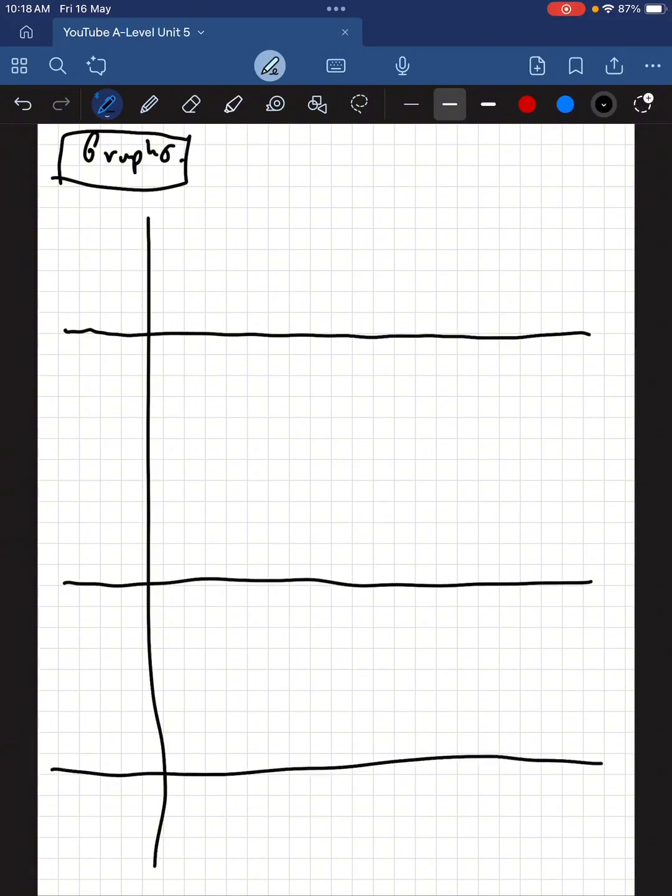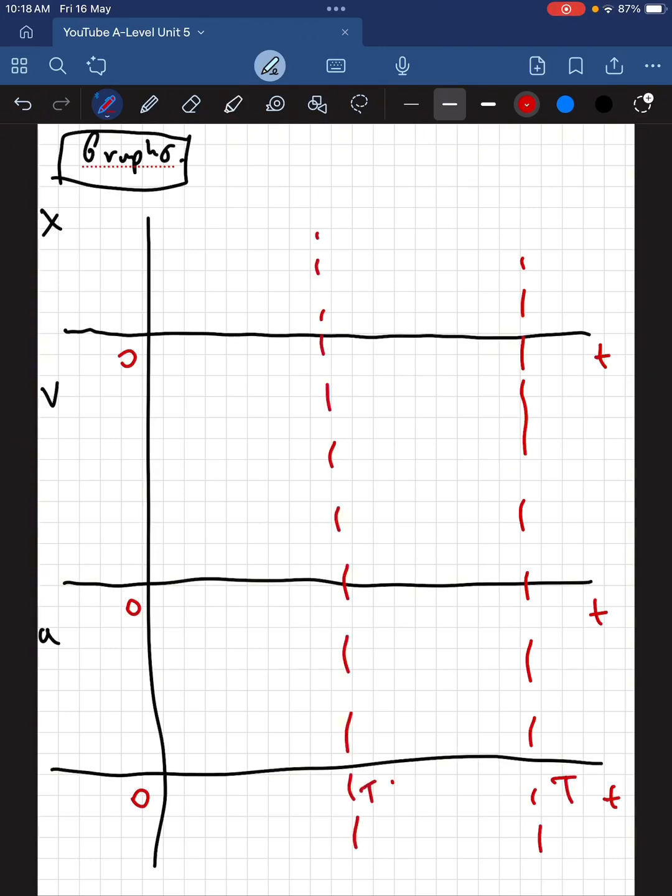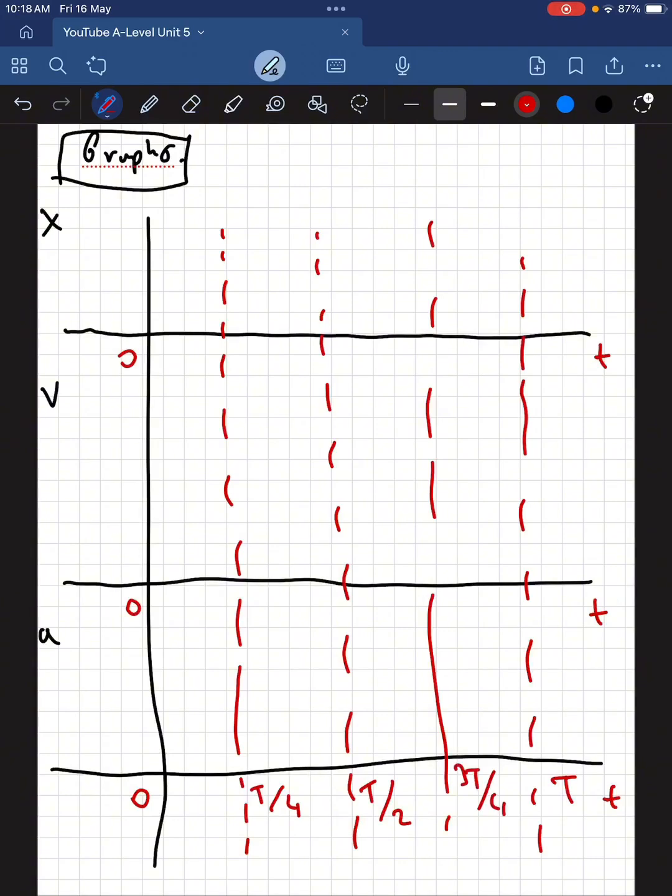So anyway, okay, so if this is the displacement and this is the velocity and this is the acceleration, and let's do, so that's my 0, so this is time t, okay, this is 1 period t, this is half a period, t halves, and if we halve this, we're gonna get t over 4, and if we halve this, we're gonna get 3 t over 4, 3 periods over 4.